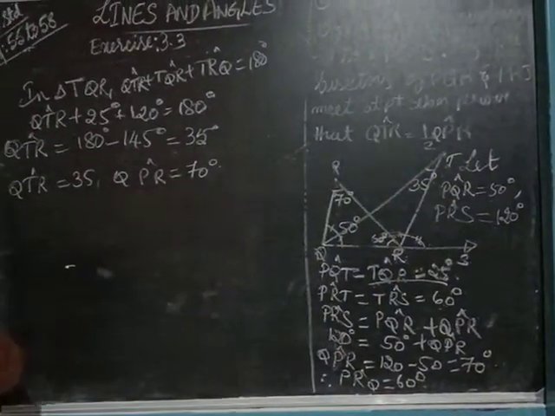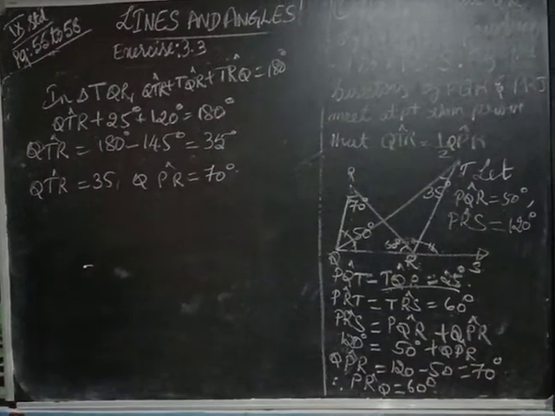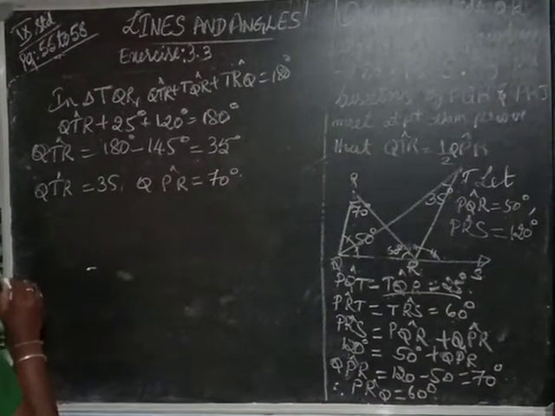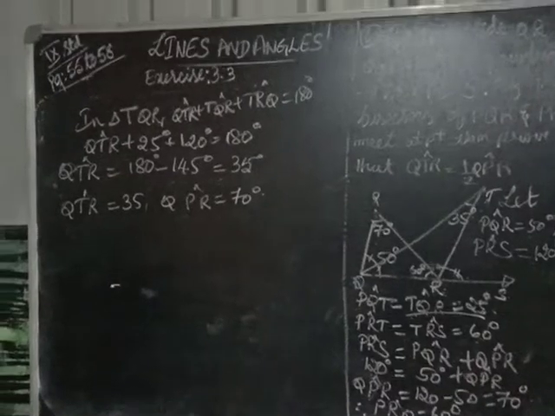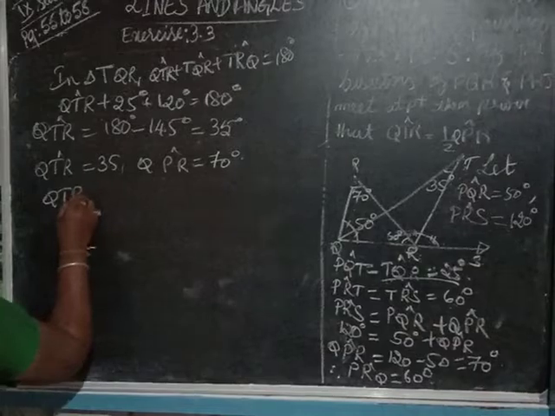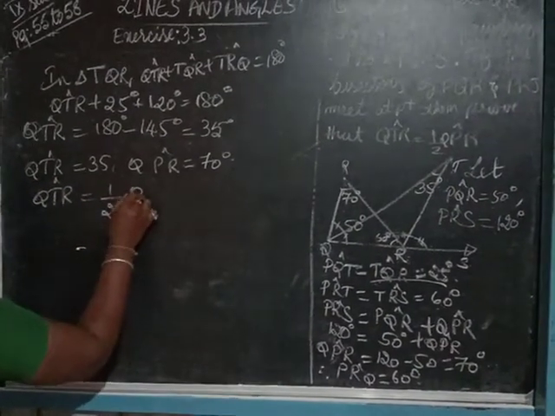Okay, now 70 if you divide, how much you get? 35 degree, isn't it? So therefore we can write QPR is 70 degree. Therefore we can write QTR is equal to 1/2 times QPR.